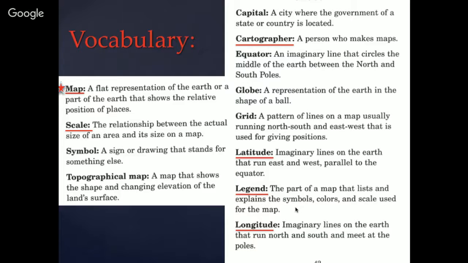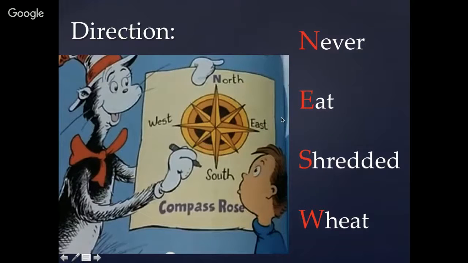When the book gets to that part, it shows a little compass rose, and it also gives the little saying that helps students remember the directions. It goes clockwise as on the compass rose: Never Eat Shredded Wheat.